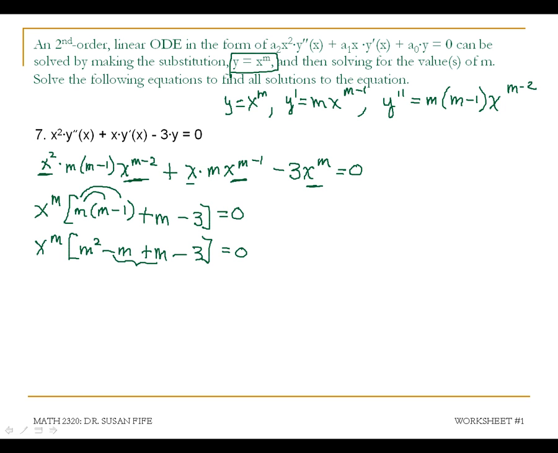Here the negative m and the positive m will cancel out, so that we get x to the m times m squared minus 3 is equal to 0. I could write that better.